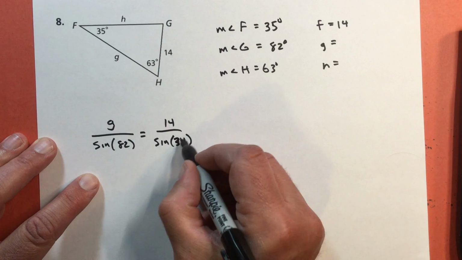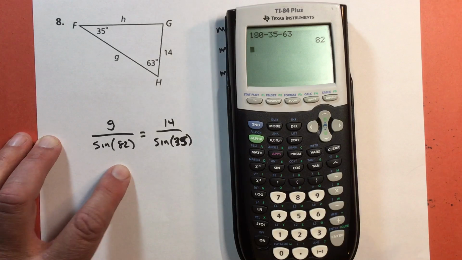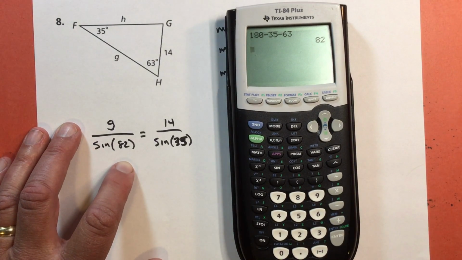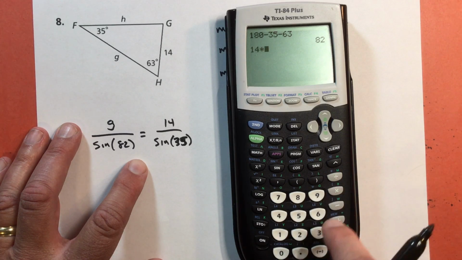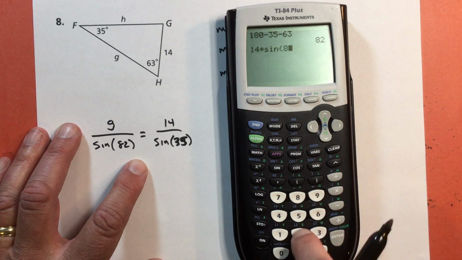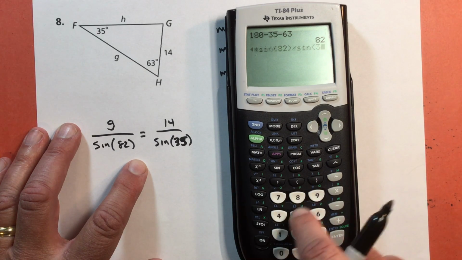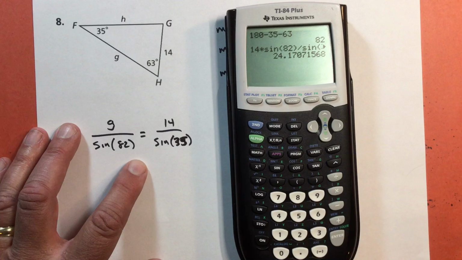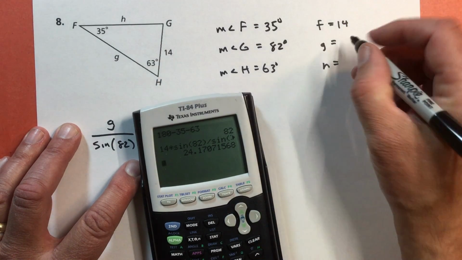I wrote 14, sorry, 35. That's what happens when I'm thinking faster than I write. Okay, so I got 14 times sine 82, close your parentheses, divided by sine 35. And that gives me 24.17, which rounds up to 24.2.